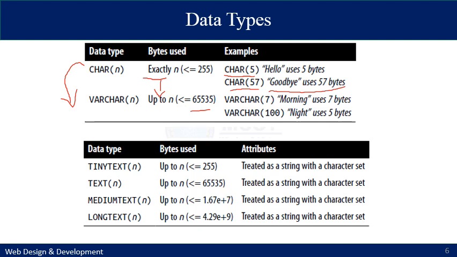Similarly, there are other data types to store text, and the simplest is tinytext, which stores up to 255 characters, and text stores a larger amount of value. And if you have a large amount of text, you can use longtext and provide n amount of value.